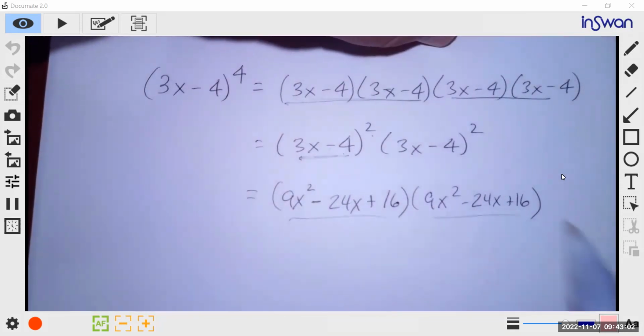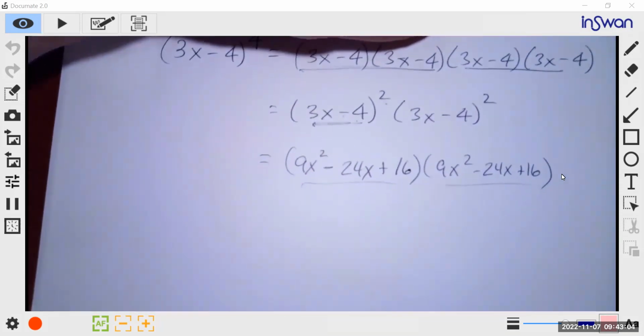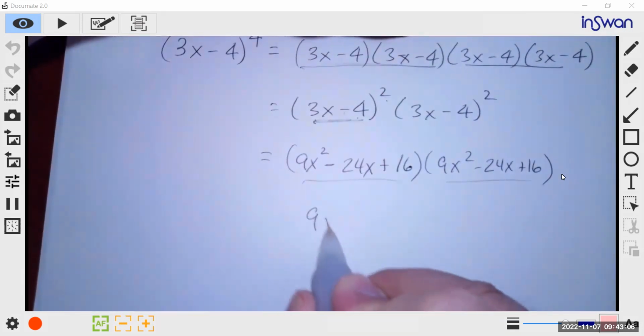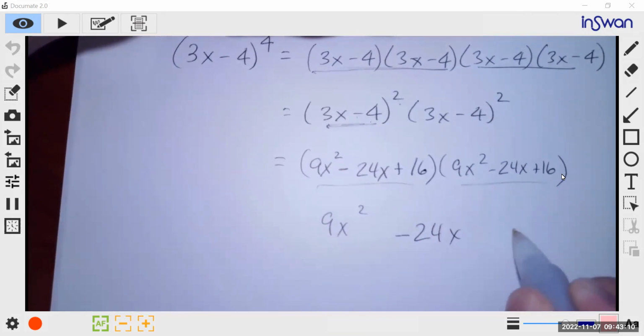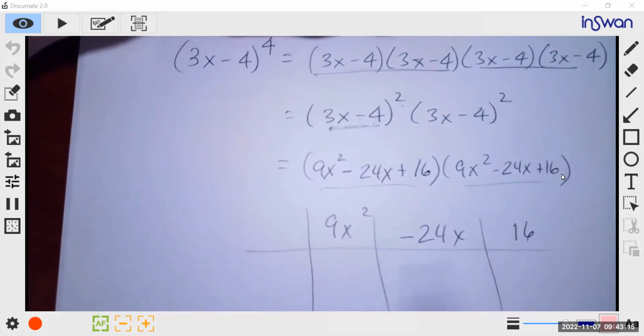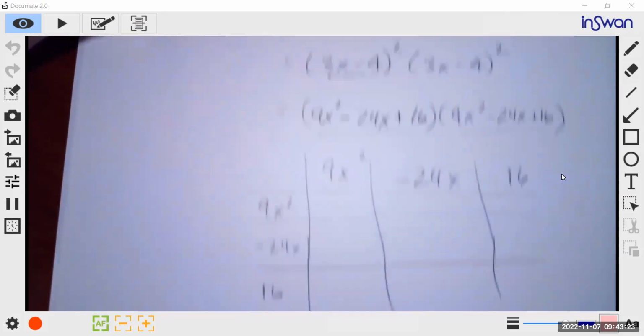Now, we learn how to do these. 9x squared minus 24x plus 16.